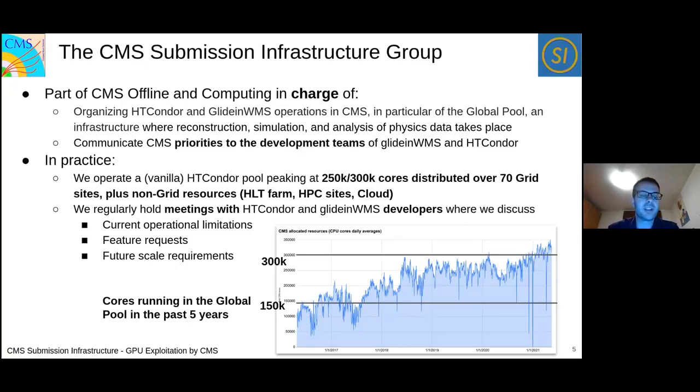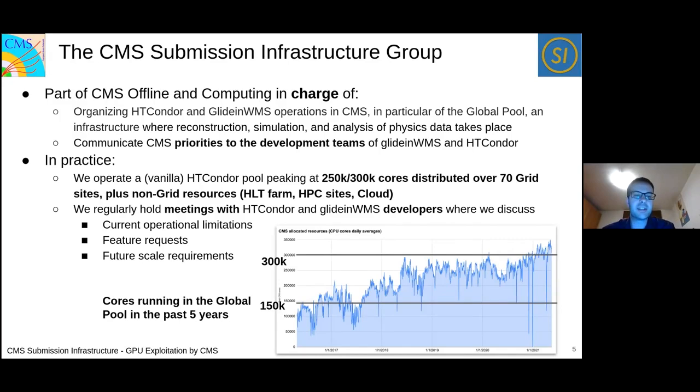Other aspects the Submission Infrastructure group takes care of are communicating priorities, development priorities to the GlideinWMS and HTCondor group. And for that reason, we hold regular meetings with the development communities, to communicate our feature requests, operational limitations and future scale requirements.